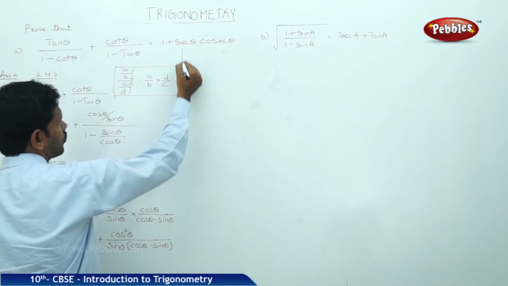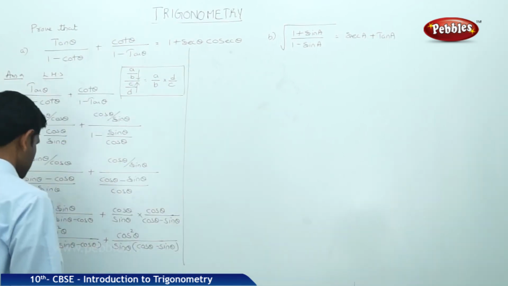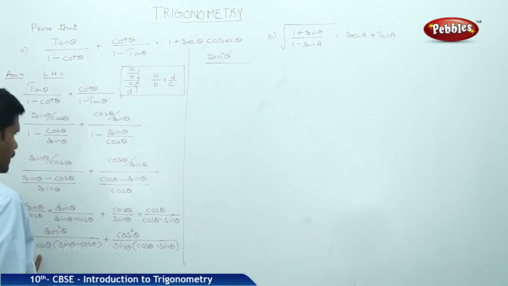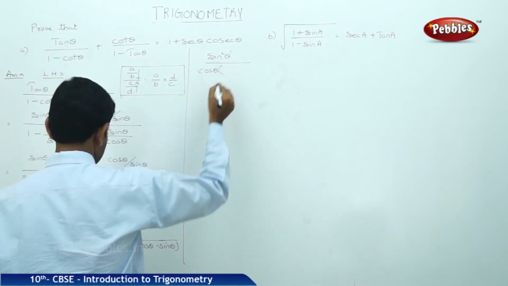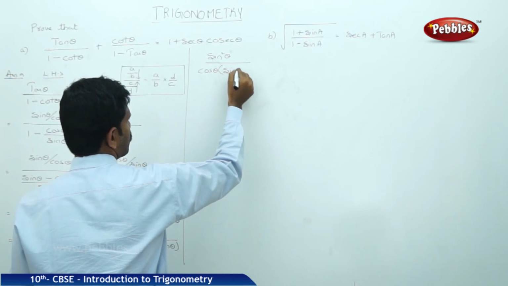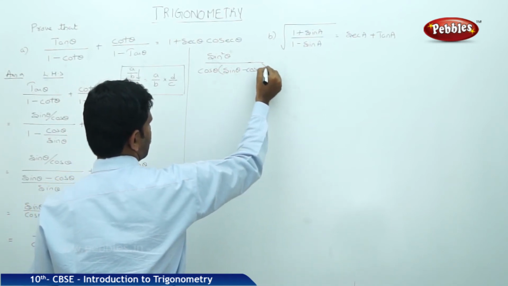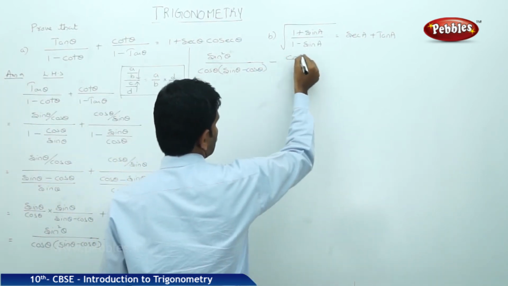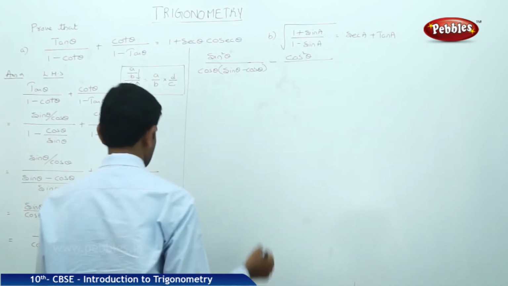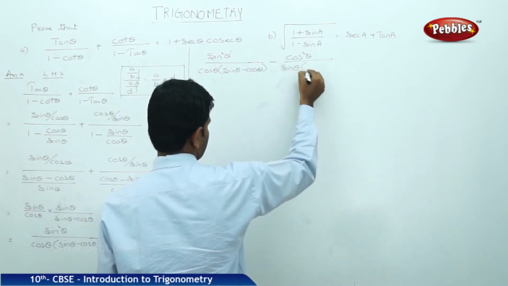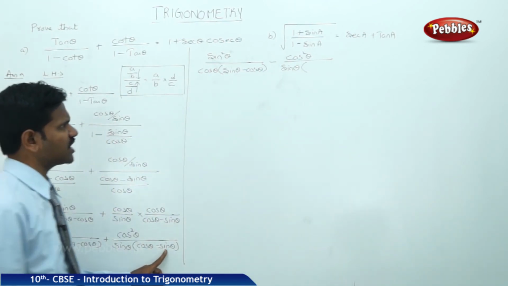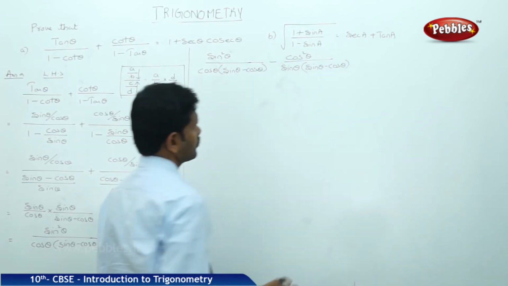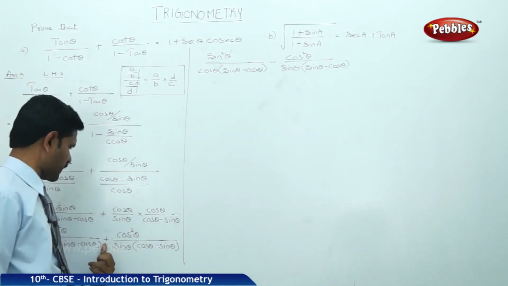Now sin square theta by cos theta into sin theta minus cos theta. This plus I change into minus. Cos square theta by sin theta into this cos theta minus sin theta, I will change to sin theta minus cos theta. Because of this changing only, I changed this plus to minus.